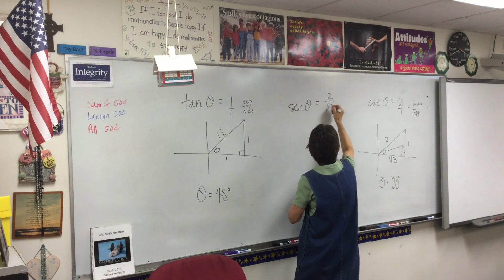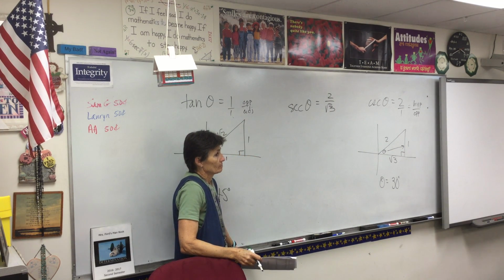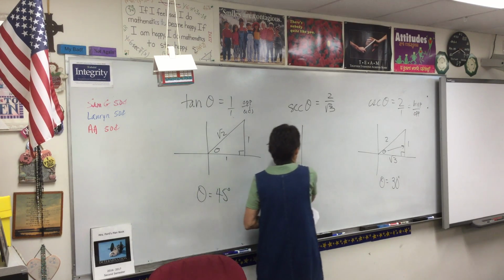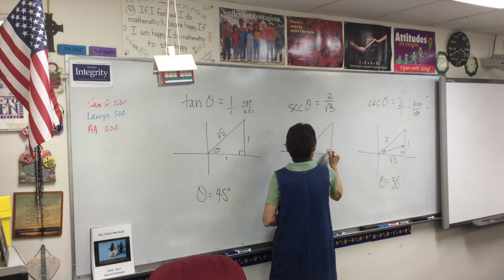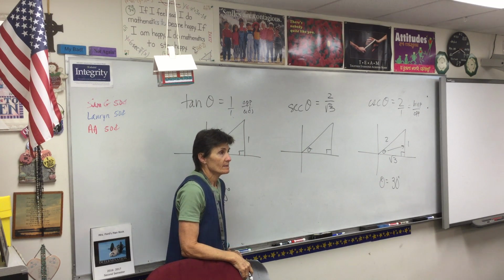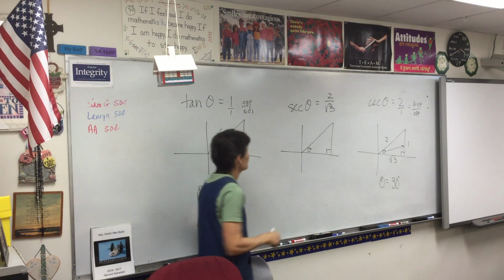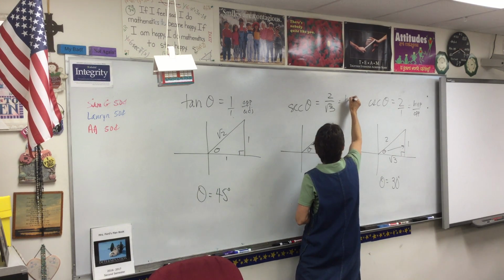Secant is 2 over root 3. What is secant? Hypotenuse over adjacent.